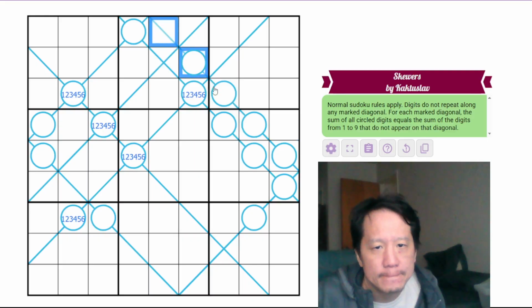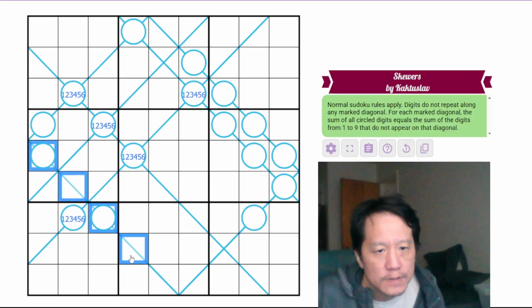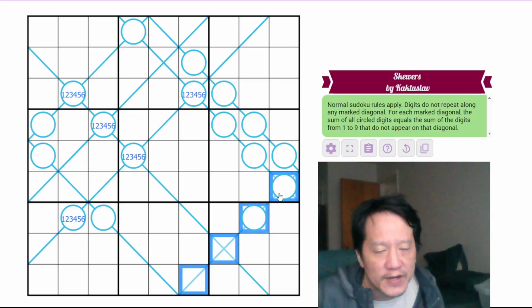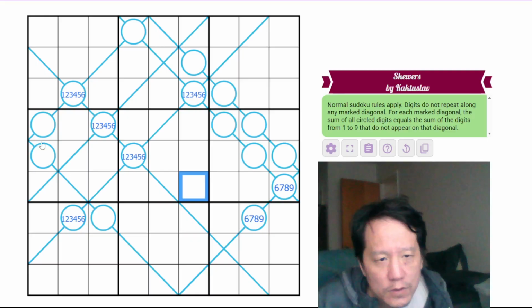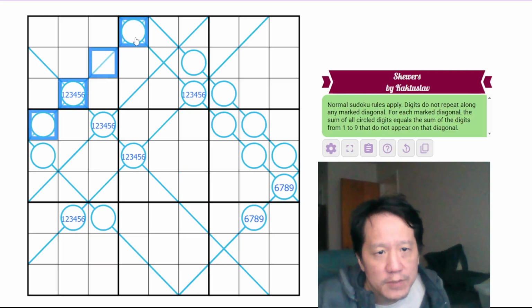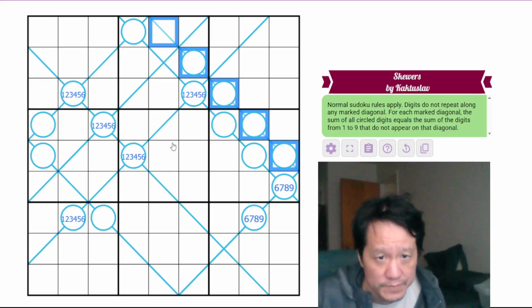Hmm. 2 digits add up to what 5 digits are, so that's at least 15. So this is 6, 7, 8, and 9 there. 3 digits add up to what 5 digits are. That means it's at least 23. 4 digits add up to what?